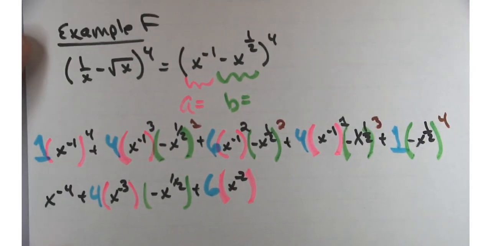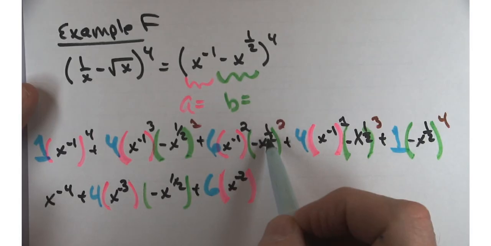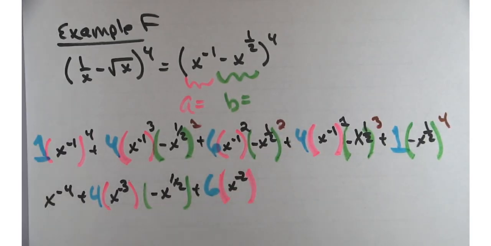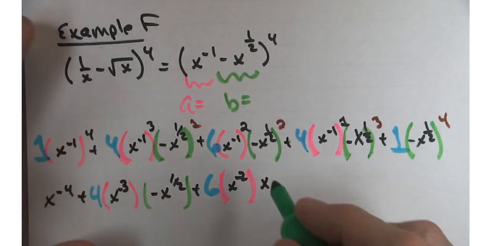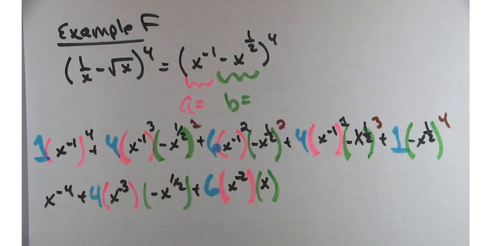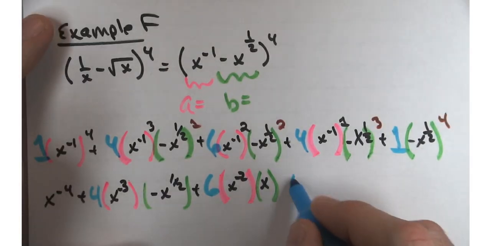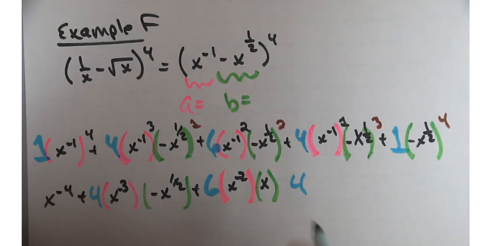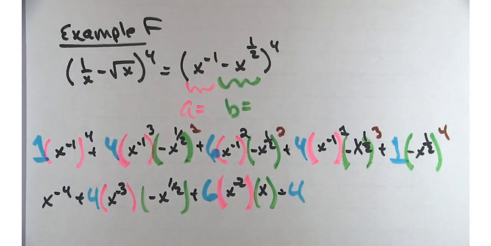Yeah, so 2 times 1/2 gives me 1, and when you square something that's negative, it becomes positive, so you're just going to end up with an x. So yeah, that one worked out pretty nice. And then a 4, x to the negative 1st, plus x to the negative 1st.